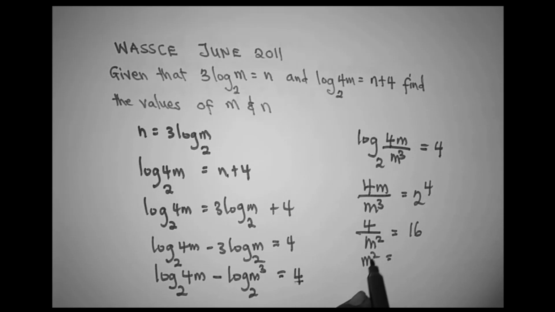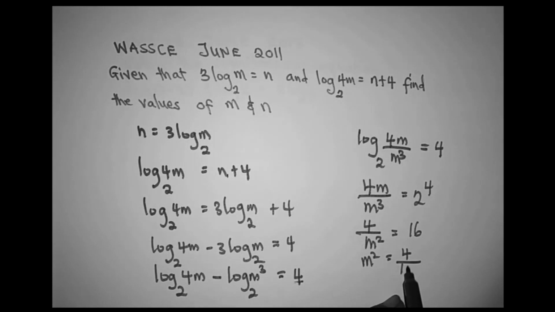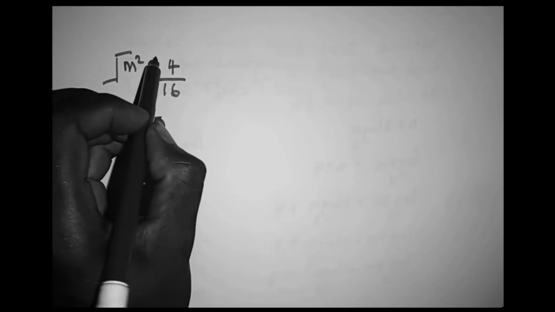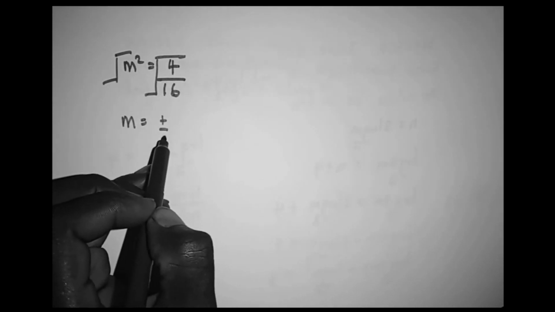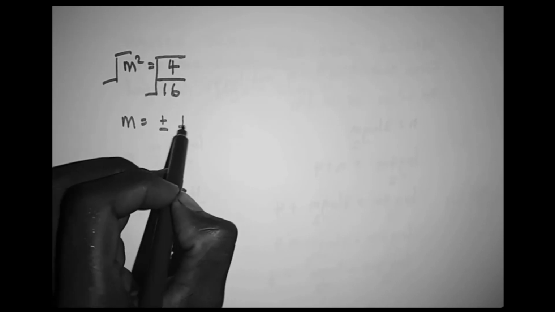So m squared is equal to 4 divided by 16. So we take the square root of both sides. And so m is equal to plus or minus the square root of 4 over 16, which becomes plus or minus 1 over 2.